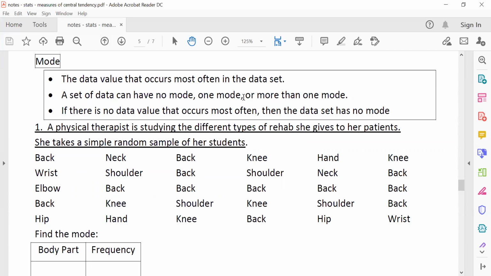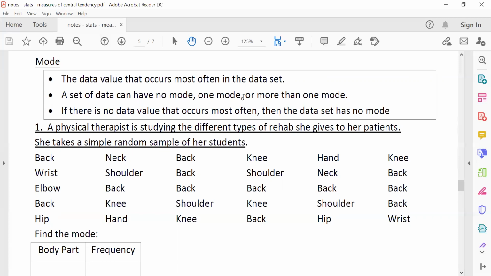Anywho, the mode is the data value or values that occur most often in a data set. Notice it has to occur the most often, meaning it has to occur more than some other number. Something can only be a mode if there's something less prevalent than it. If you have several numbers that tie for first place, with others falling beneath them, you can have more than one mode.